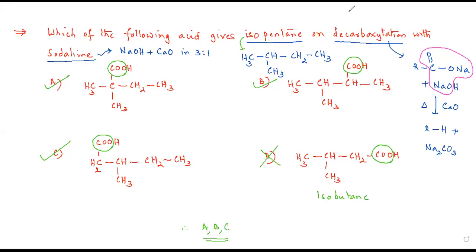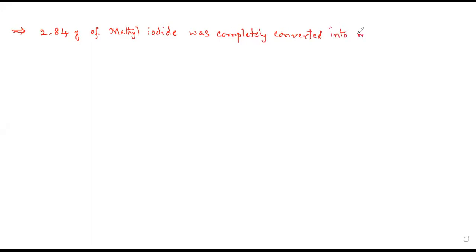Let us take one more. 2.84 gram of methyl iodide was completely converted into methyl magnesium iodide.